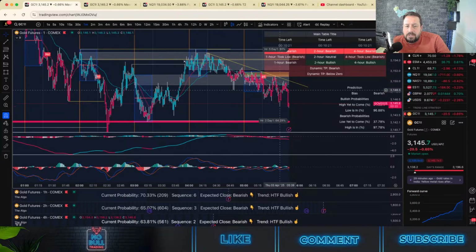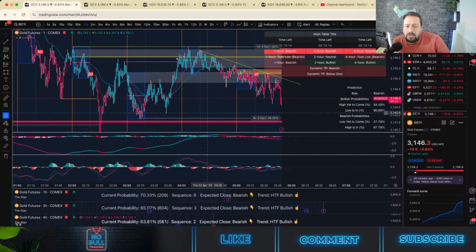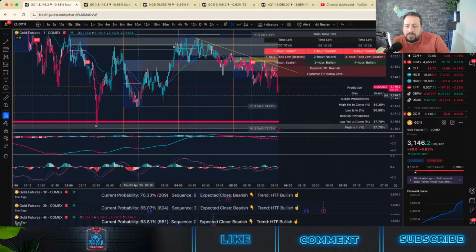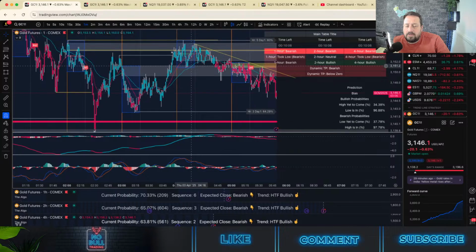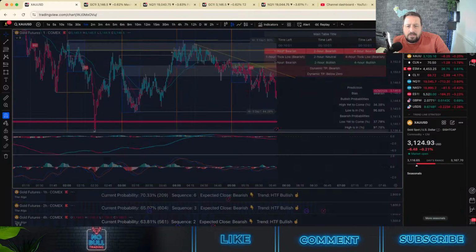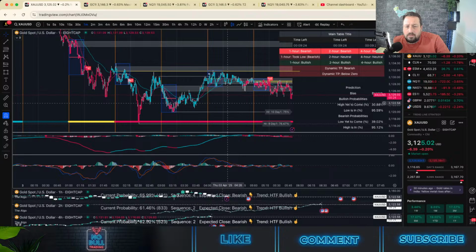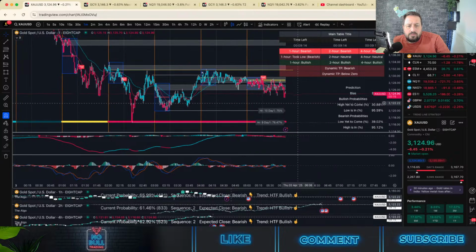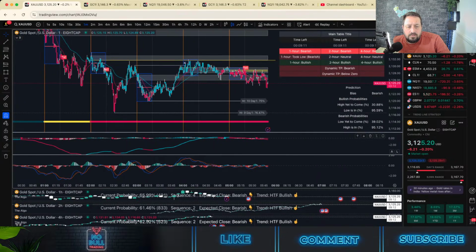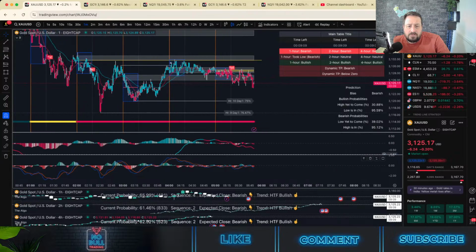Two-hour candle is here. So this 2-hour, we just equaled the high. But if we look on CFD, CFD looks more bearish.